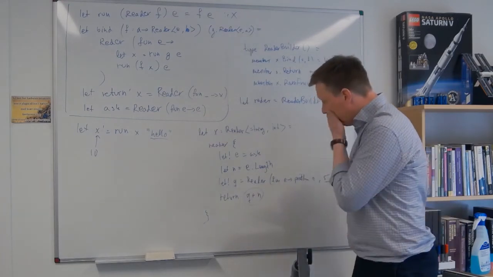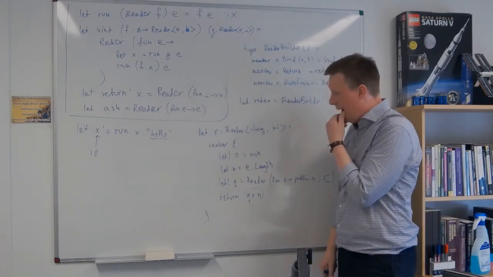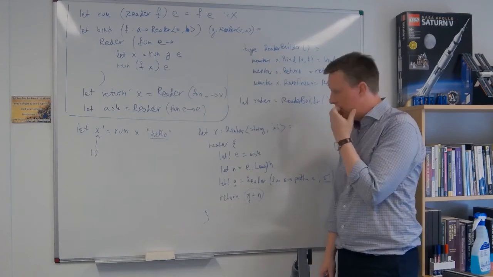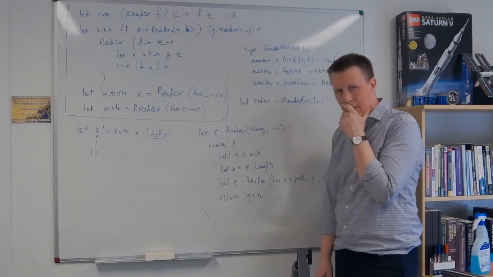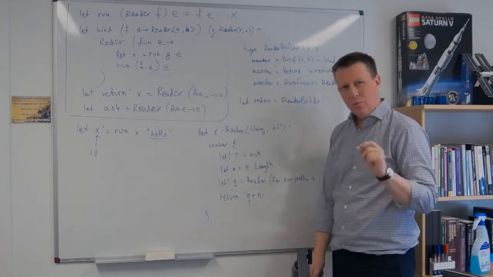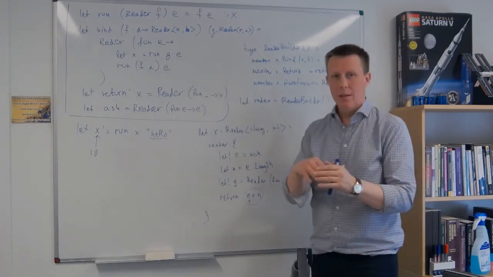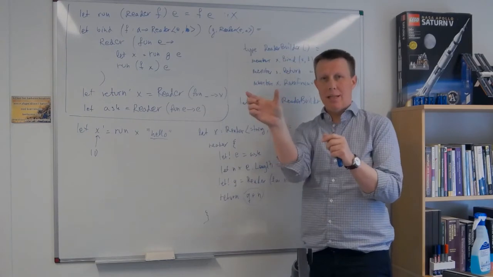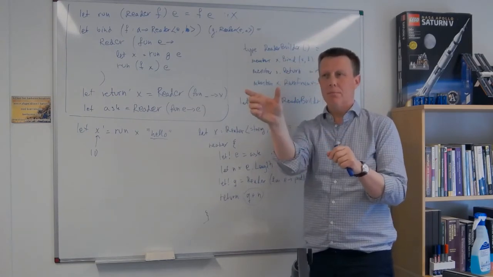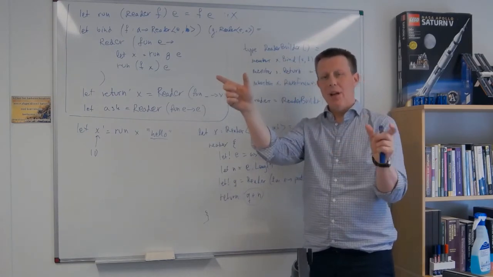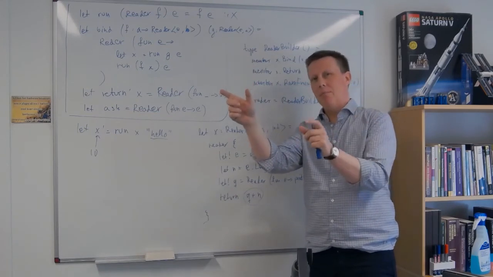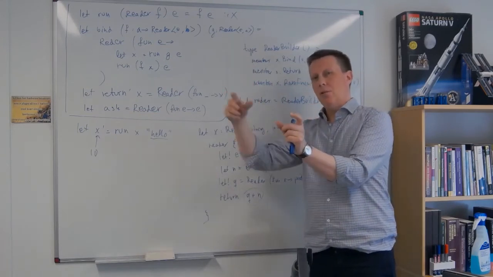Now, this is kind of magic, isn't it? So what's really going on here? What's really going on is that we have a function which takes some arguments, and it takes this environment, these options, to produce a value. And I have another function which takes some things and it takes some options to produce a value.